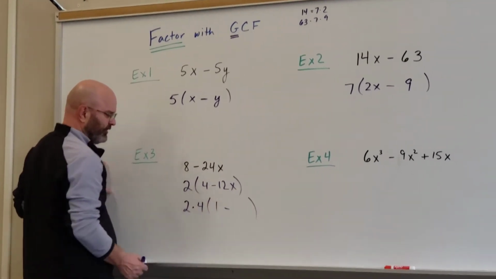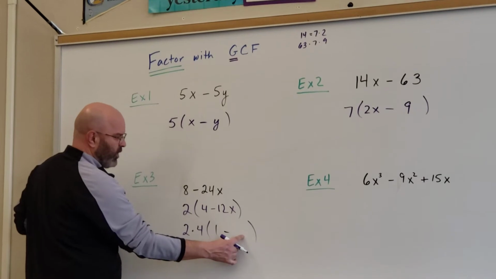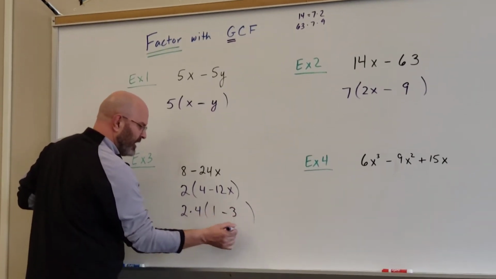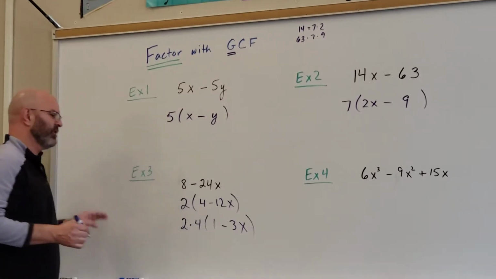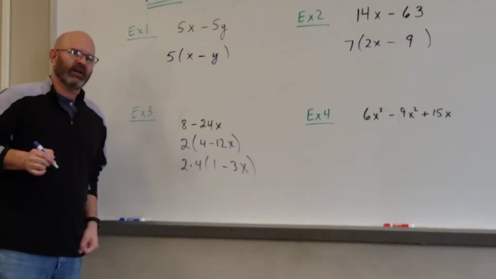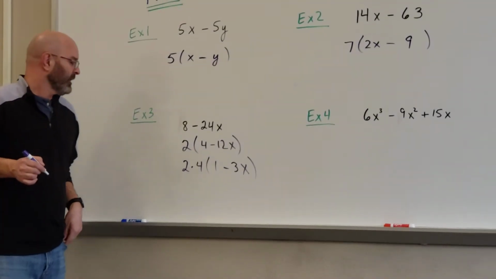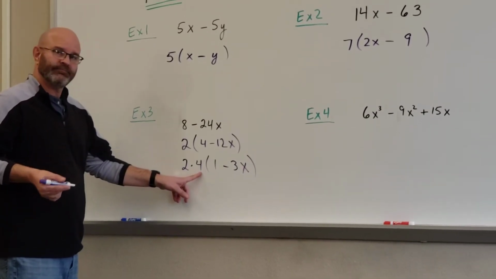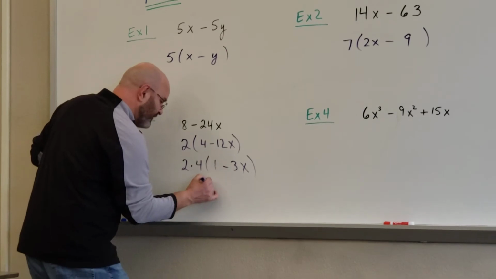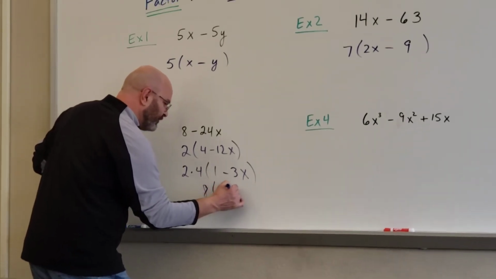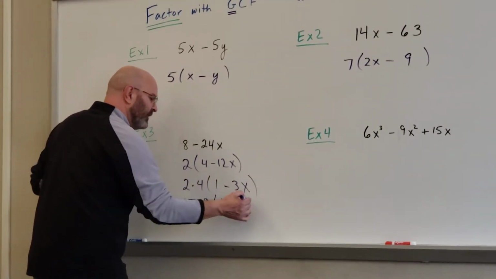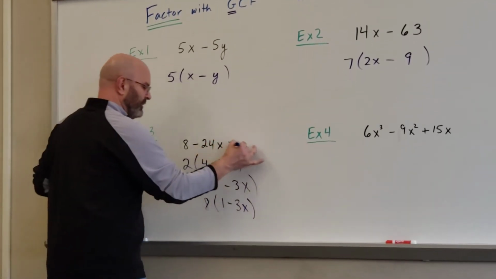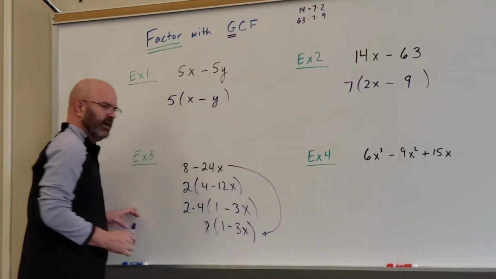And then minus 4 times what gives us 12? That answer is 3. And so you can see I'm left with a 1 minus 3x inside the parentheses. Now let's not leave our final answer this way. What's 2 times 4? 8. So I'm going to write my final answer as 8 parentheses 1 minus 3x. I'm hoping that with some experience, you're going to be able to go from here to here in one step.